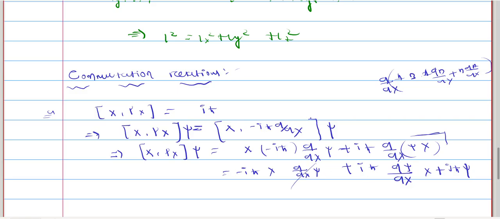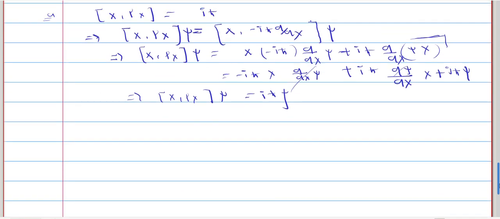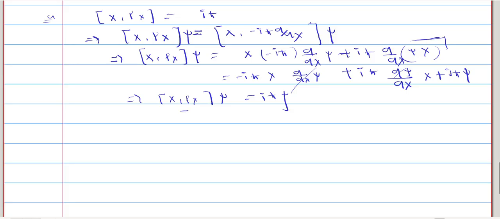Minus plus cancel out. There is x px of psi, and h cut psi. We get x px equals iota h cut. Understand? Okay.